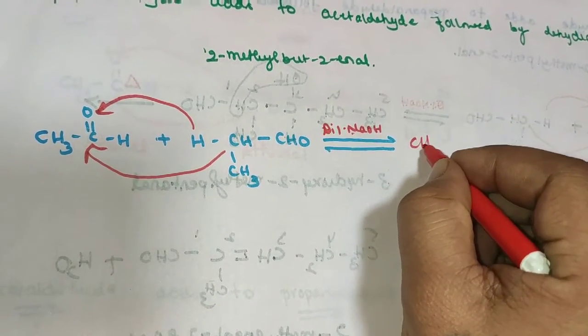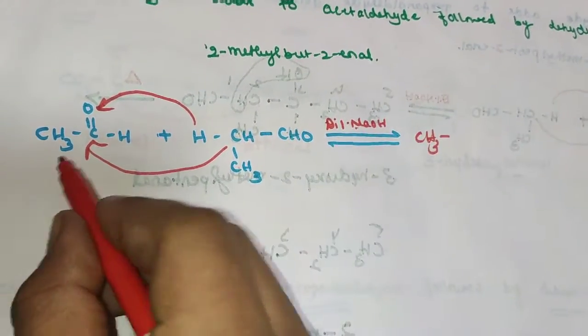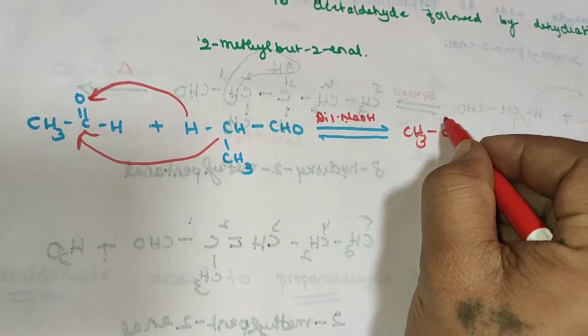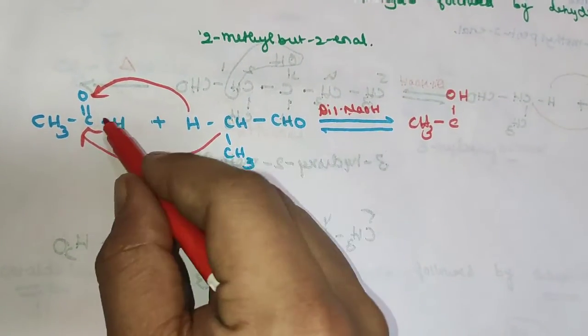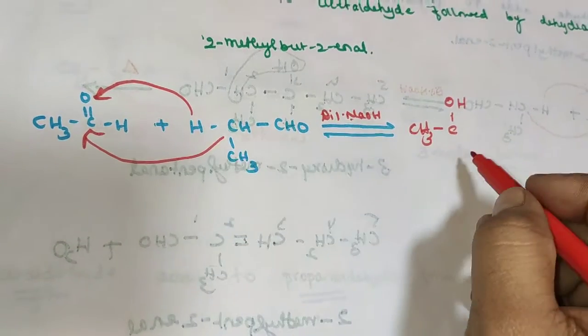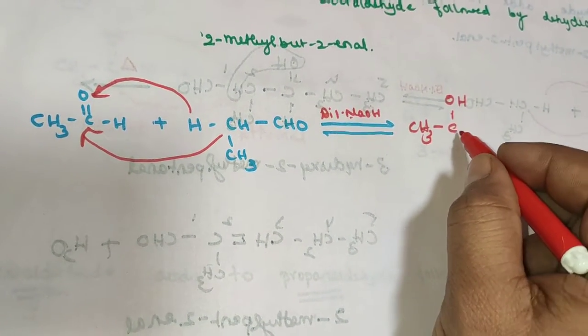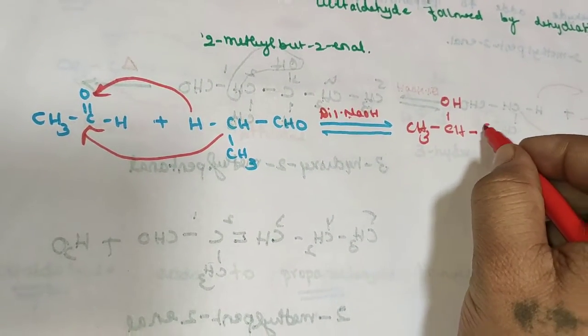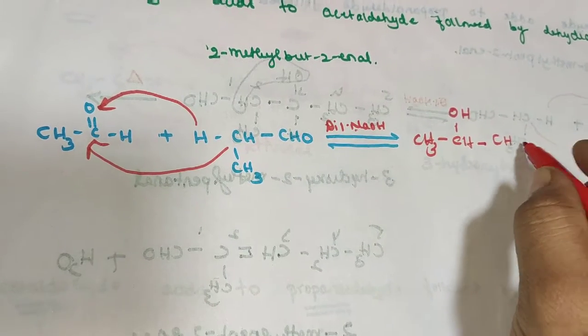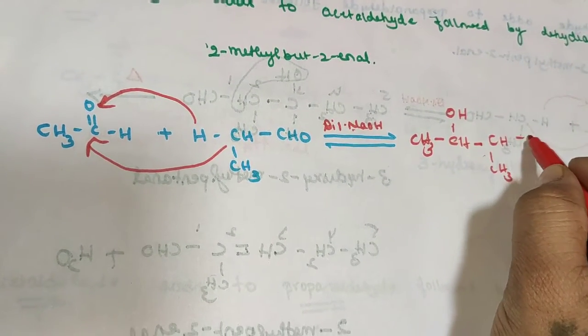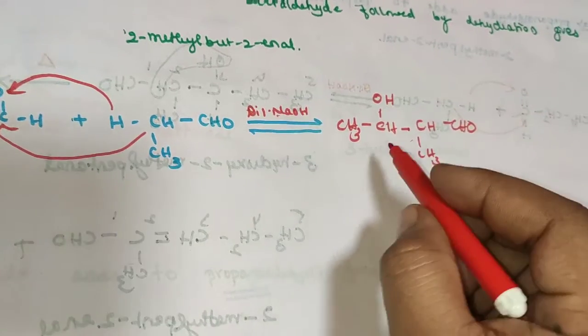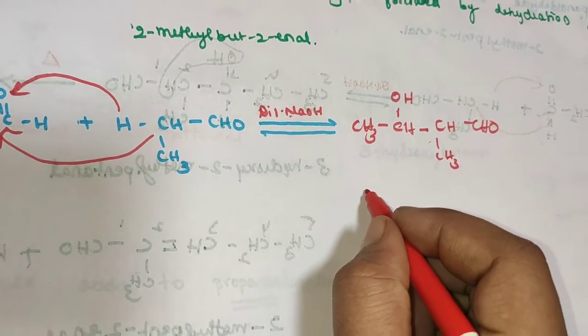The product formed is CH3 C, that single bond is now accepted by the hydrogen atom so it becomes a single bond, so H C OH, and here CH, then similarly CH3, then CHO.